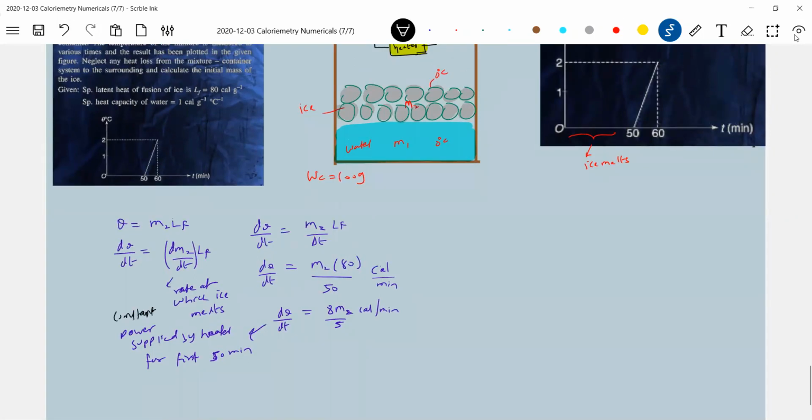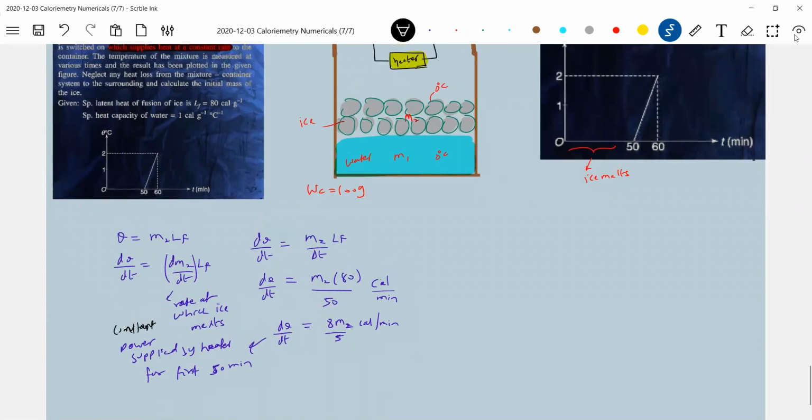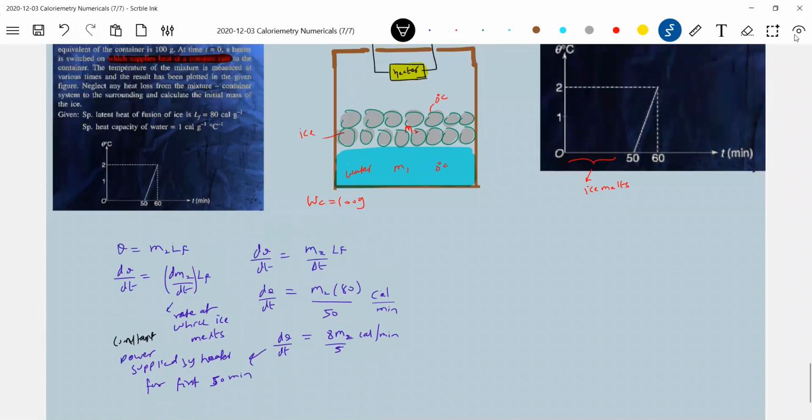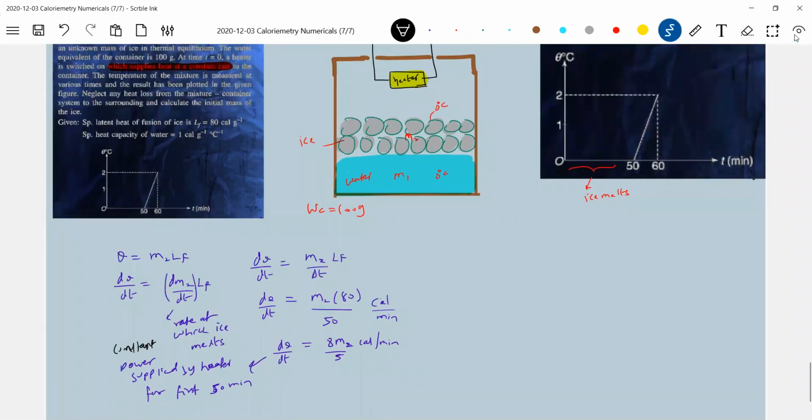Now also the heater will supply the same amount of power, so you can just write P, power supplied by the heater. For another 10 minutes, the heater will supply the same power. Now this power is utilized to raise the temperature, not to change anything.